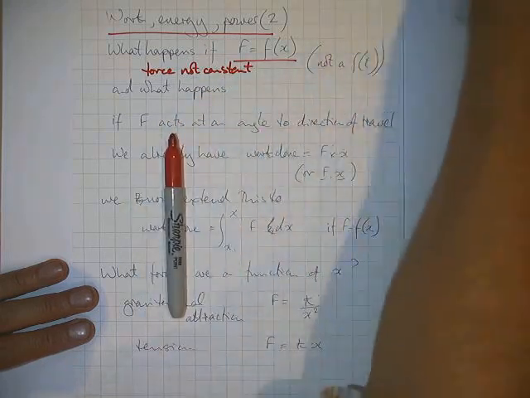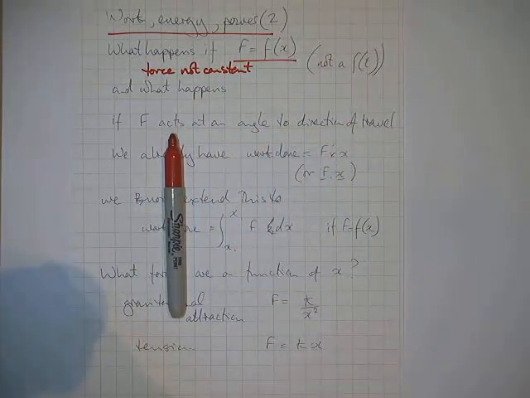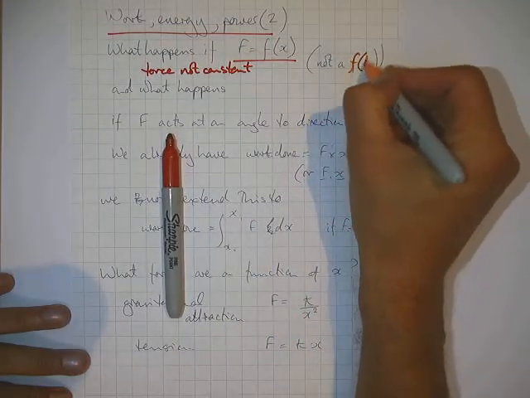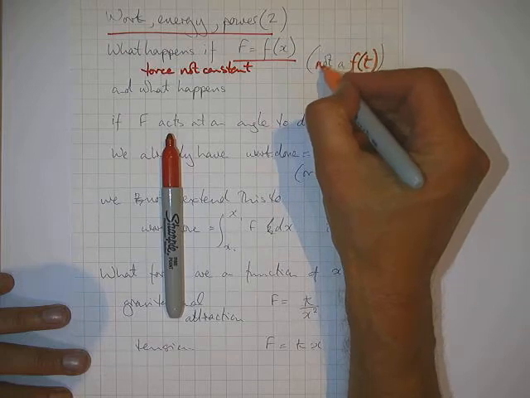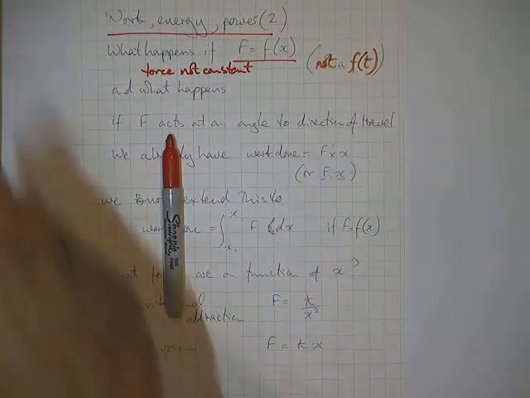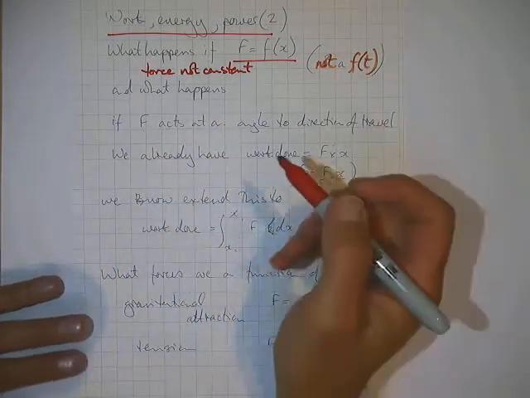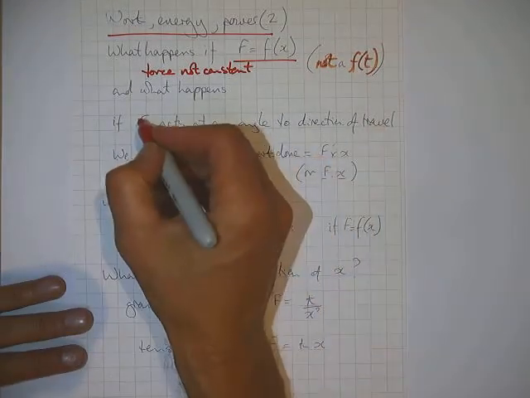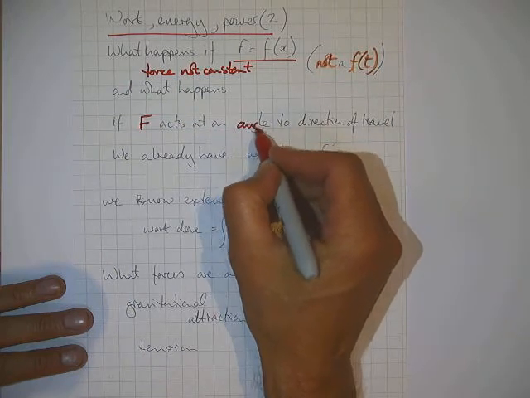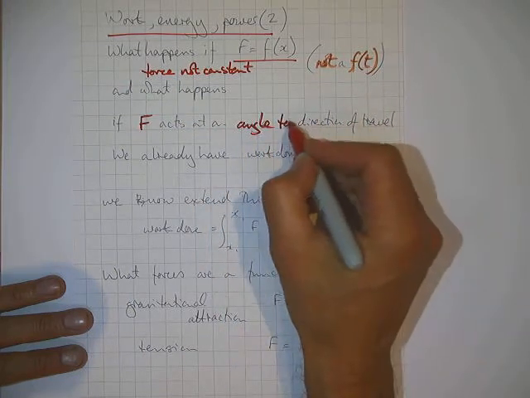Now notice what we're not going to consider is that force changes with time, okay? We're considering force changing with displacement in this chapter. The other thing we're going to look at later in the chapter is what happens if the force is acting at an angle to the direction of travel.